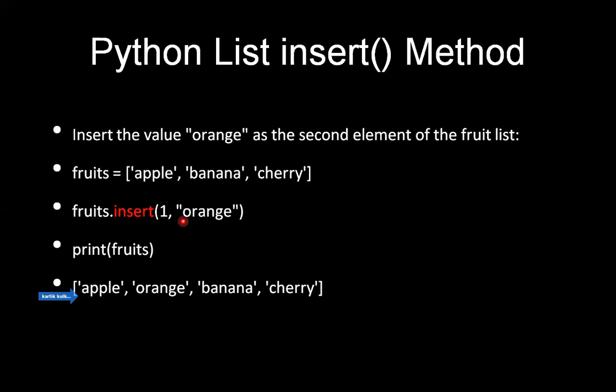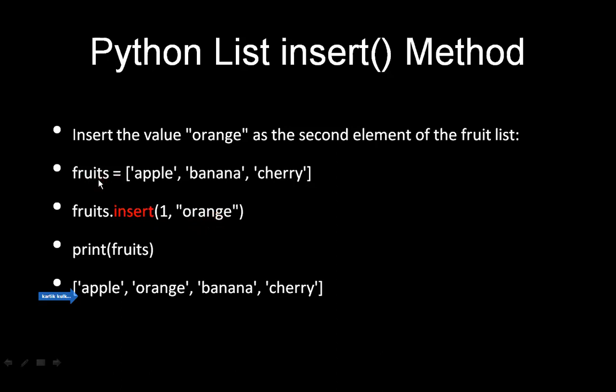In the first parameter we specify the index number, and in the second parameter we specify the value of the element. The index number is where this particular element value has to be stored in the given list.